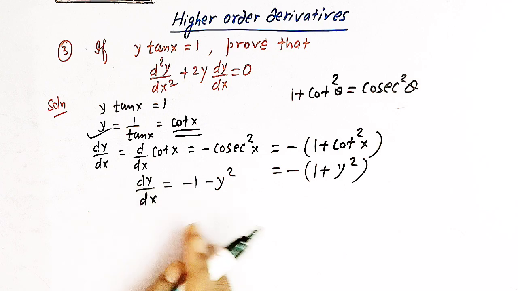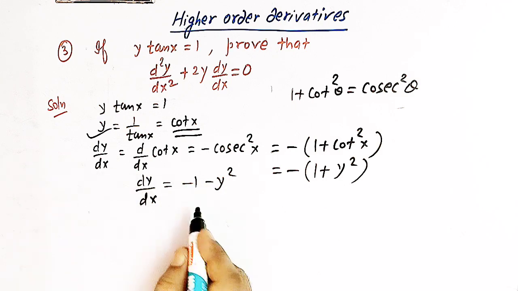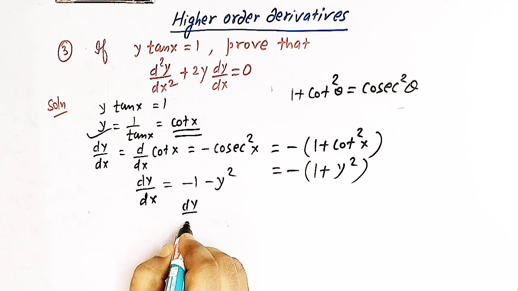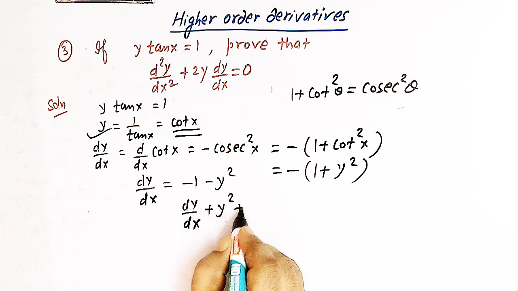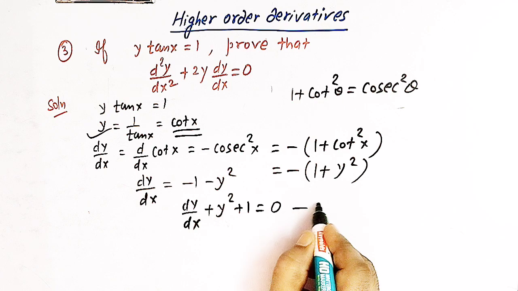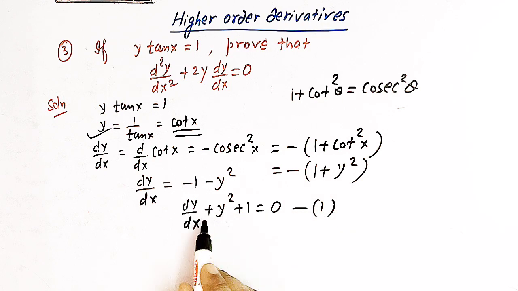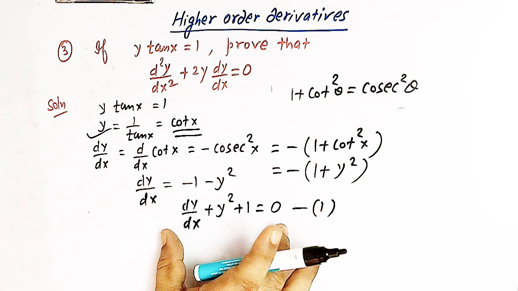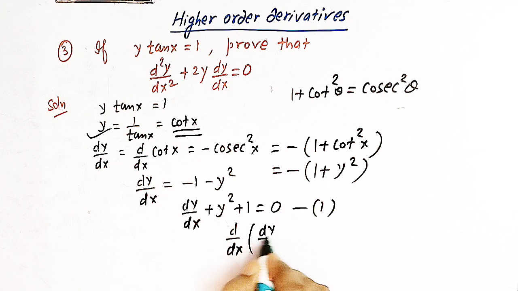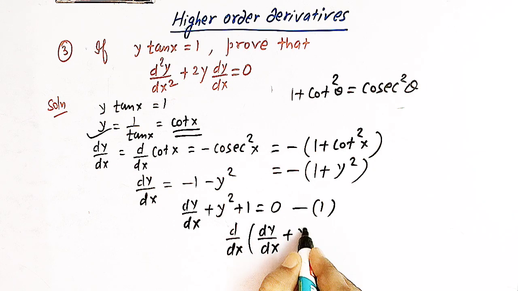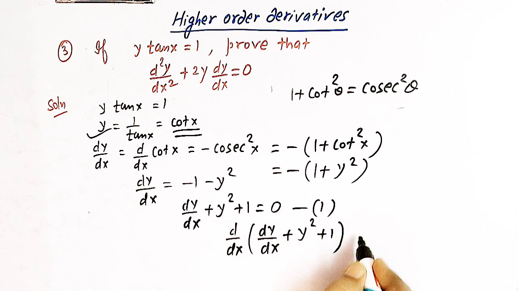Taking these two terms to the left hand side, we have dy over dx plus y square plus 1 is equal to 0. Now differentiating both sides with respect to x, we get d by dx of dy over dx plus y square plus 1 is equal to 0, because the derivative of 0 is 0.